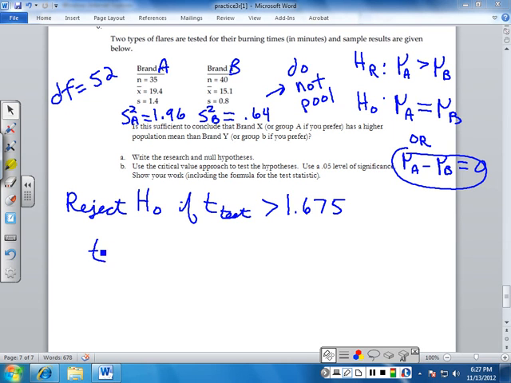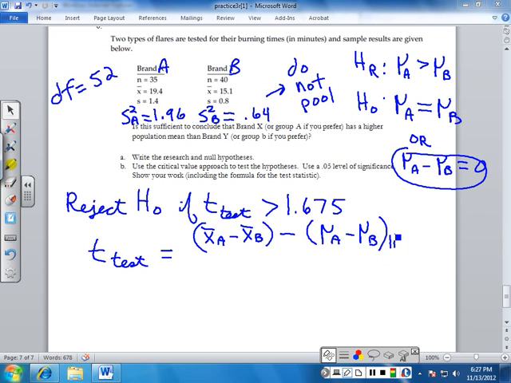But the t-test is equal to the statistic, the difference between the two sample means, minus the hypothesized parameter. And I'm going to write this in here, but you really don't have to write this second part in. I like to just because it makes the same thing that we always do, statistic minus parameter.